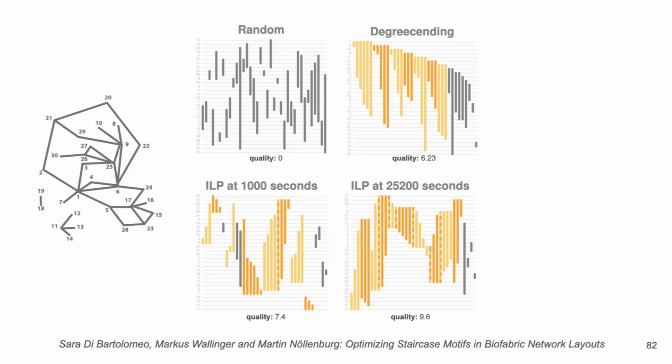And you see here in this case, it returned a solution that still has better quality than the degree ascending one. Here, I let it go for longer. It improved. What this slide wanted to say is you can still use it on larger graphs, even if it doesn't get to completion necessarily. It's just going to be the best solution up to that point, not the best solution possible.